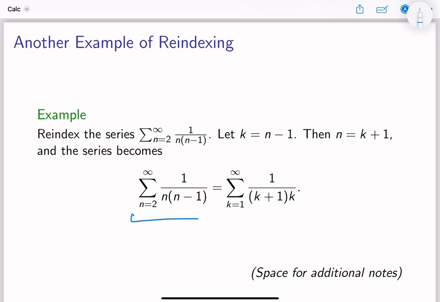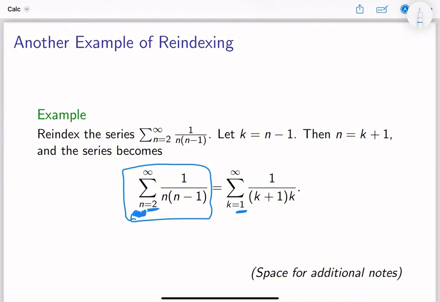So look at this series, and say, since it's starting at 2, it's kind of annoying. Say we want to start it at 1, right? What do we do to make this start at 1? Okay, so let's see here. The index that we're using is n.